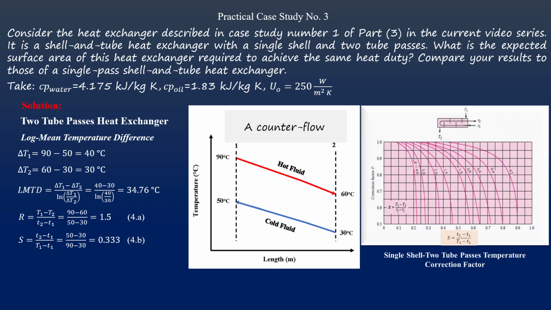If we use this chart with these values, the intersection between R and S will give F sub t equal 0.91 and delta t mean equal F sub t times LMTD. We substitute the values of Ft and LMTD, then the mean temperature difference for this heat exchanger of the two tube passes will equal 31.63 degrees Celsius.